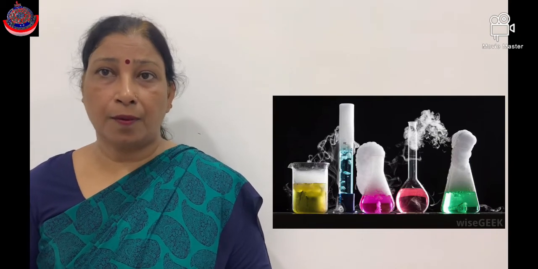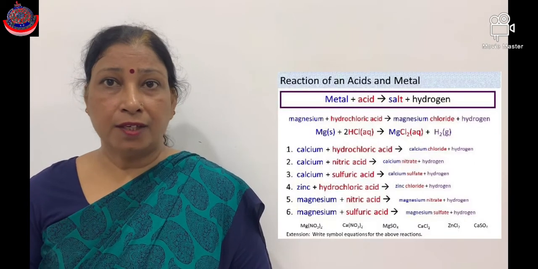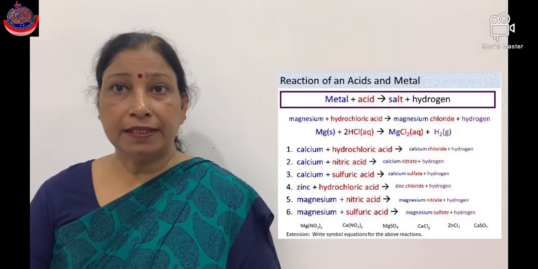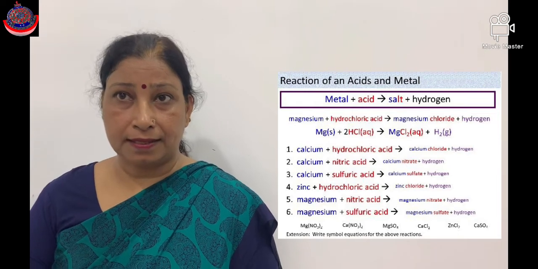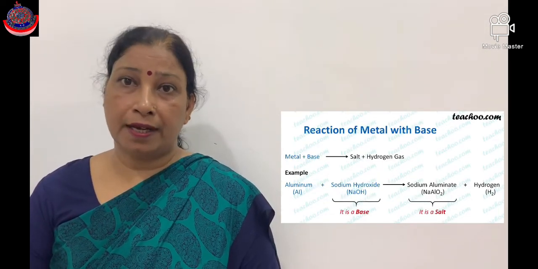Students, now chemical properties of acids and bases. Number 1, reaction of metal with acids. When acid reacts with metal, it gives salt and hydrogen gas. When base reacts with metal, they also give salt and hydrogen gas. Testing for hydrogen gas: the gas released can be tested by bringing a burning candle near the gas bubble.